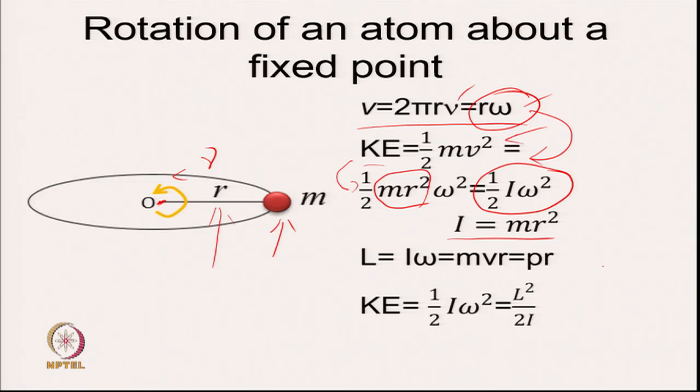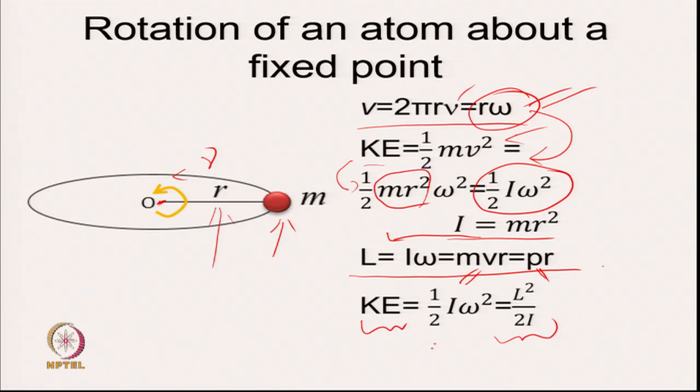Similarly, we can write equations for angular momentum. Angular momentum will be equal to I omega, and if I put in the values of I and omega, we get L equal to m v r, and since m v is equal to momentum, L is equal to p into r. Kinetic energy can also be expressed in terms of angular momentum.